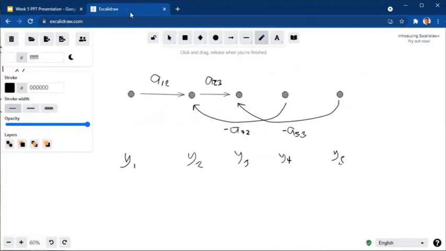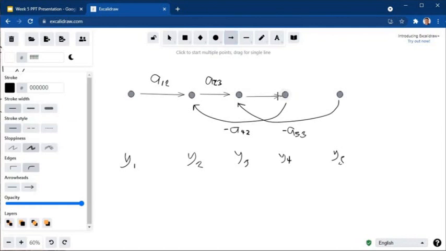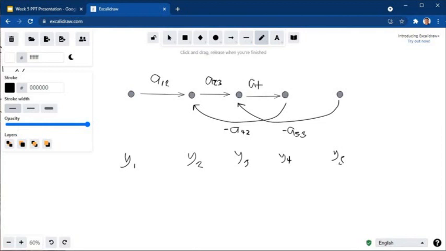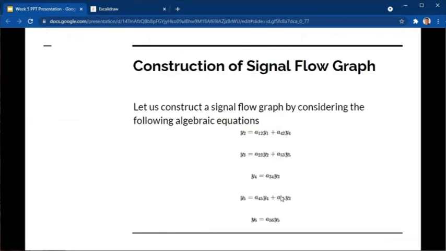Okay? So y sub 4 is equal to the gain from node 3 to node 4 times y sub 3. So this is gain 3, 4. Then y sub 5 is equal to a 4 5 times y sub 4, or the gain from node 4 to node 5, plus the gain from node 3 to node 5 times y sub 3.